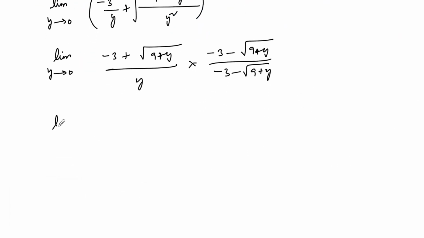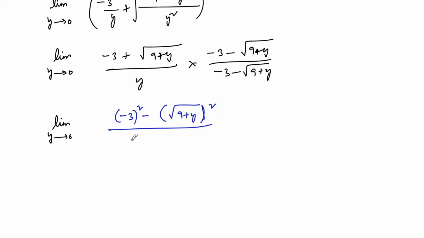So which is equal to limit y tends to 0. In the numerator it is in the form of a plus b into a minus b, so we can simplify it as minus 3 whole square minus root over 9 plus y whole square upon y into, or you can take minus y times of 3 plus root over 9 plus y.